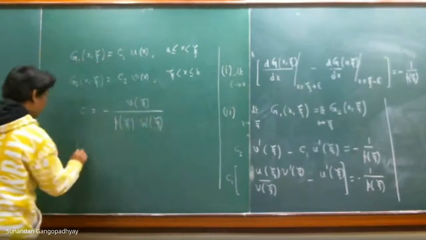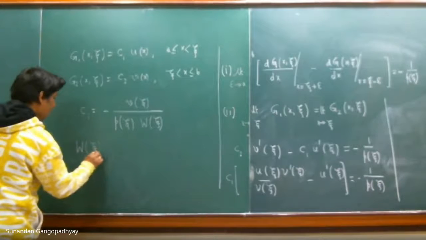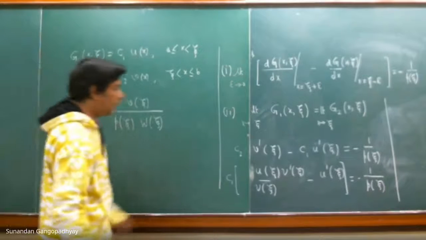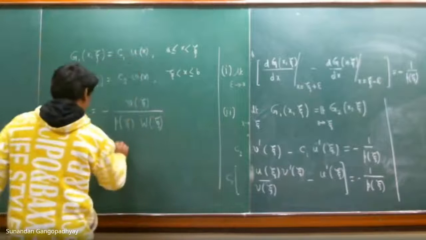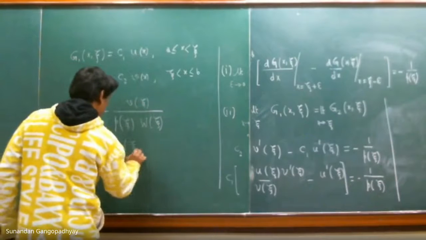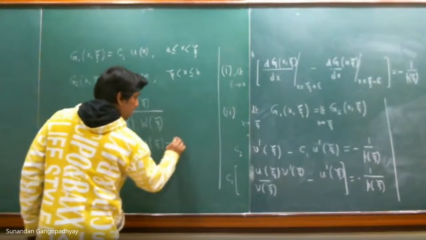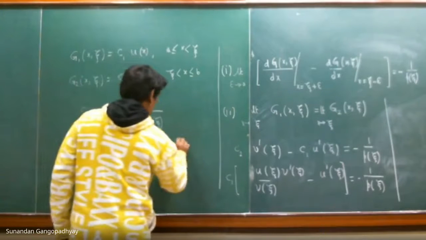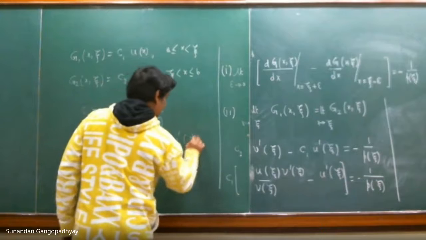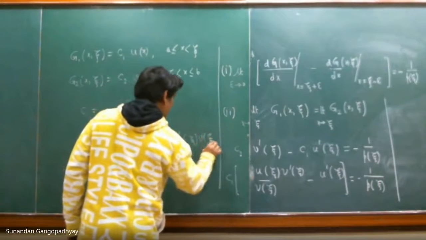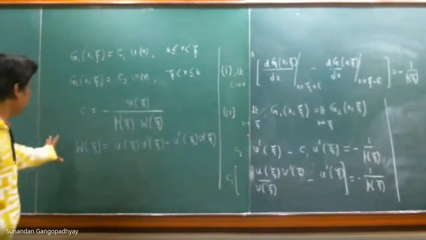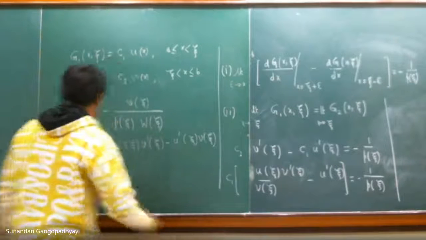And what is w of xi? W of xi is u xi v prime xi minus u prime xi v xi. This is basically called the Wronskian.